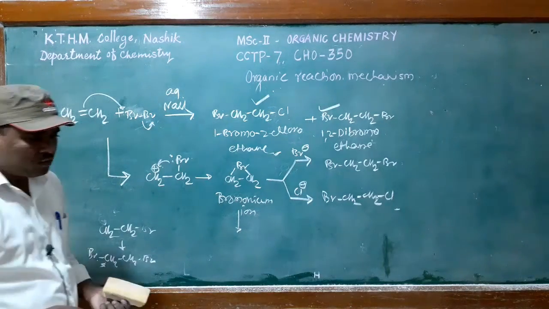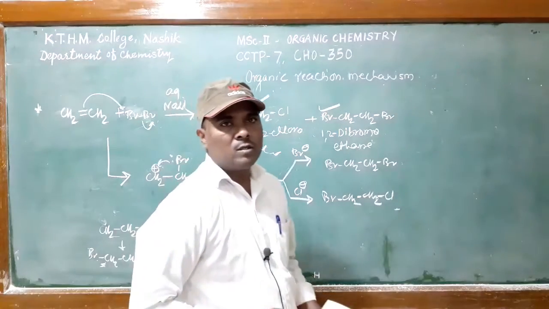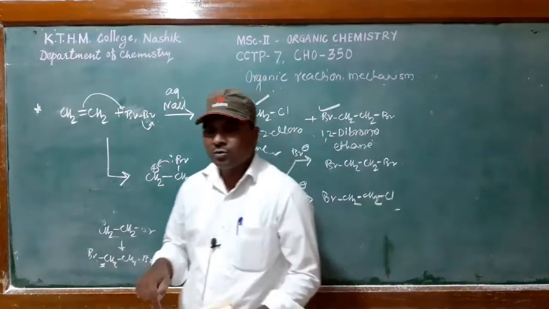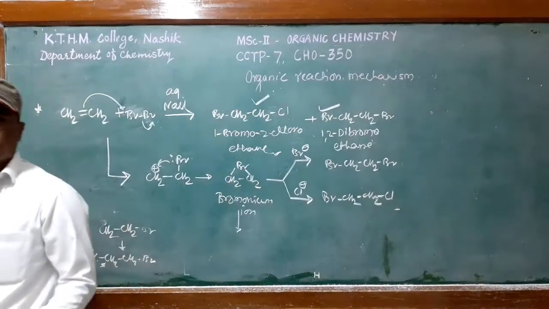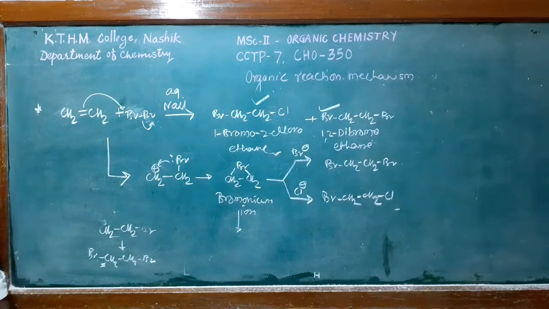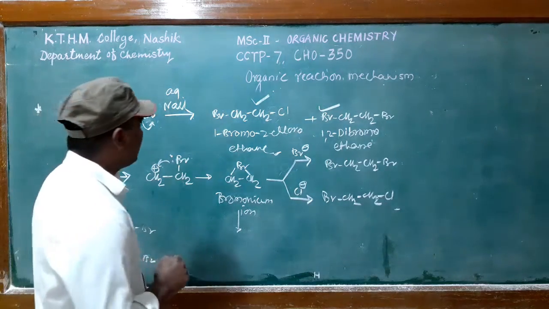So what I am trying to tell is that the product accompanying the reaction is also important, or it gives important information about the reaction mechanism, and from that one can determine the reaction mechanism.